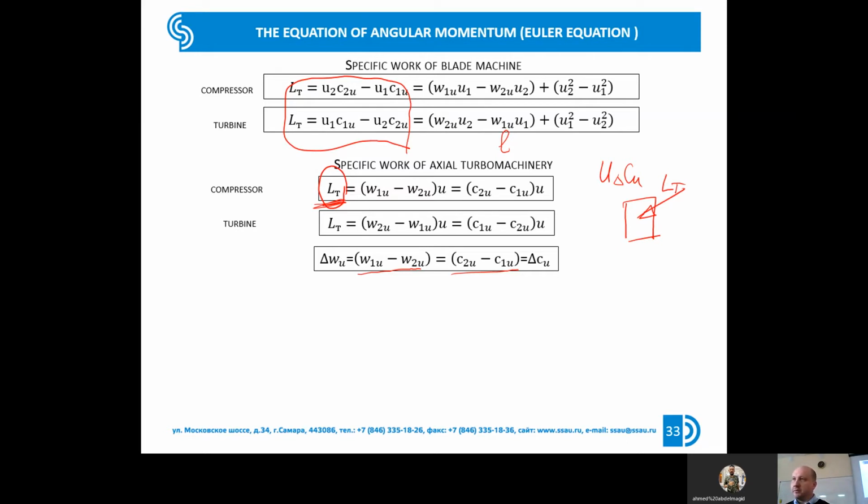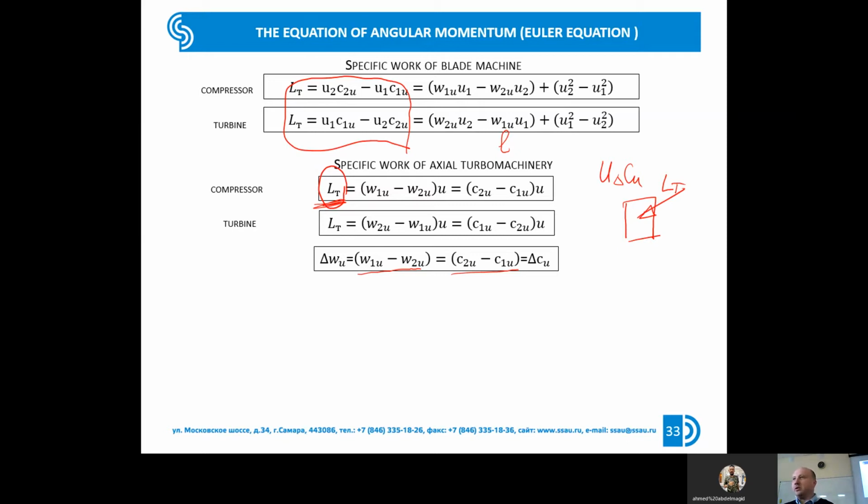Do you understand what I mean? Because the energy which is conserved inside the flow is one value. The energy which you extract from the flow is another value. The energy which you transfer to the compressor is a third value.